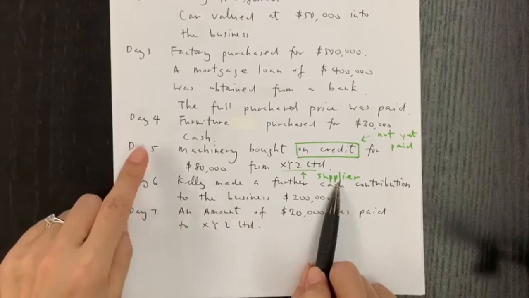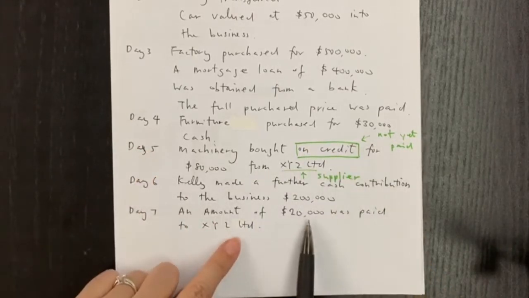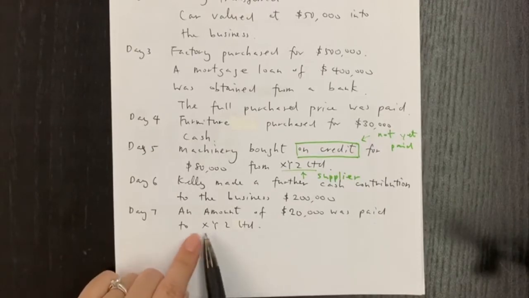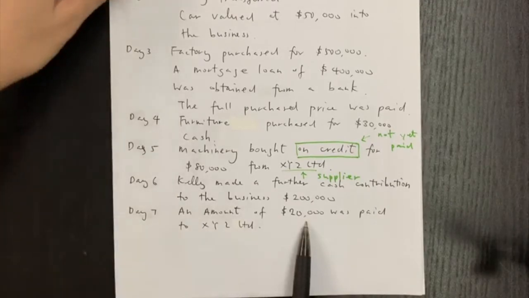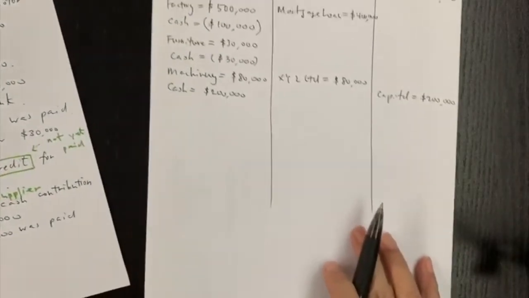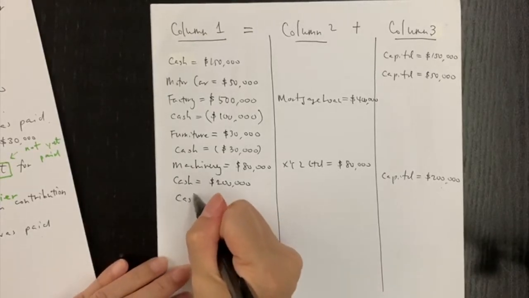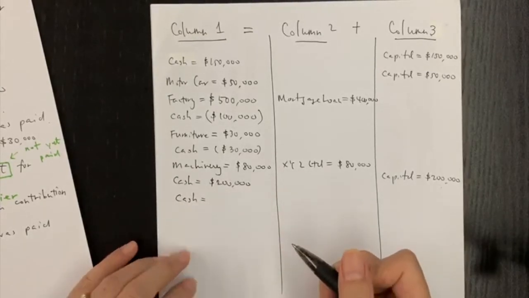So what happened on day 5? When we bought things, we pay later, but now we need to pay the amounts we owed to XYZ Limited. So if we pay, we have less cash. So therefore, in column 1, here, cash. Going down, right, because we pay cash.